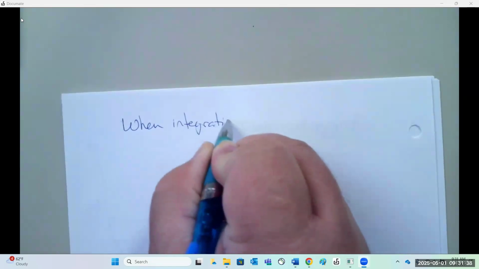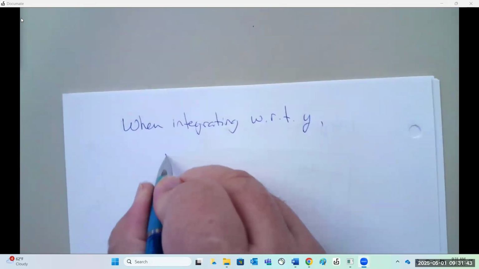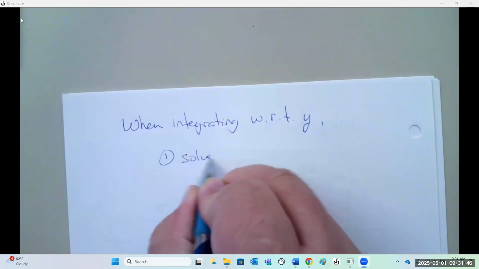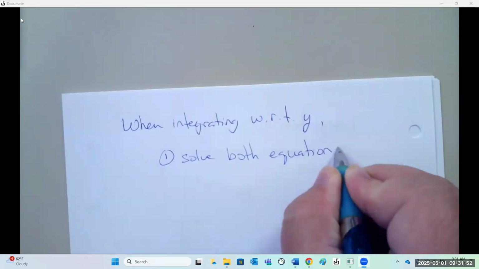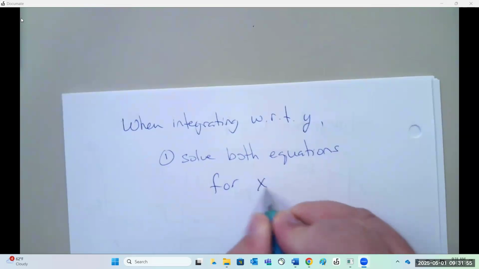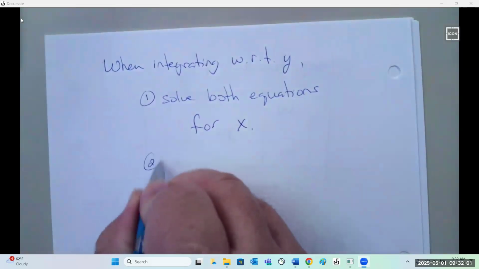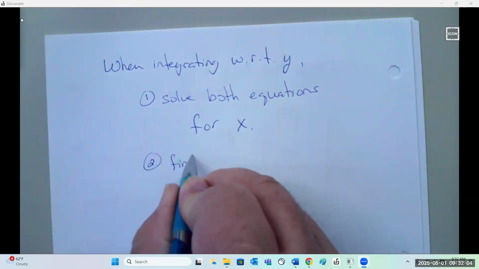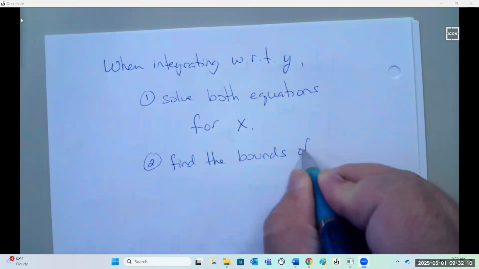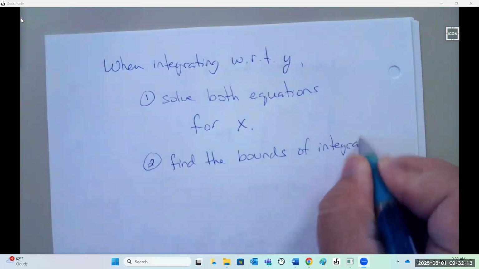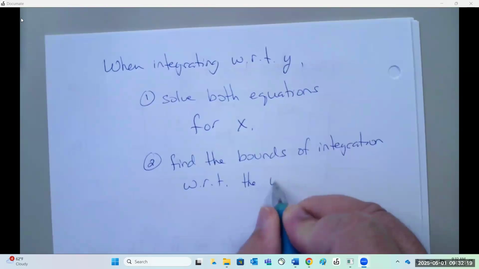When integrating with respect to y, solve both equations for x, and then find the bounds of integration with respect to the y-axis.